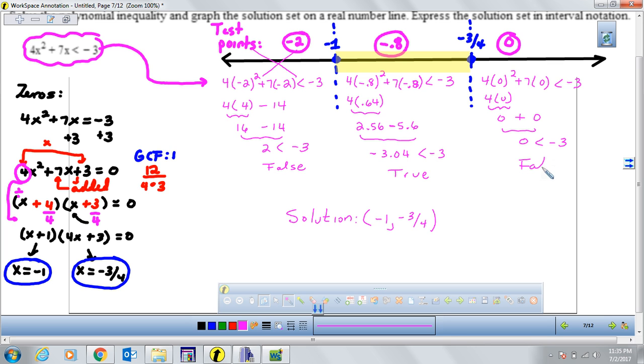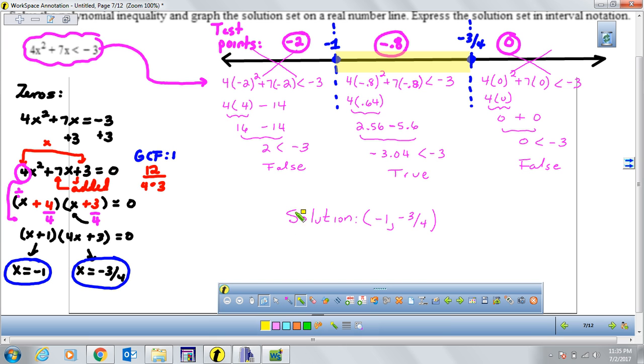No, that is going to be a false statement. What does that mean? That any number greater than negative 3/4, or any number from negative 3/4 to infinity, is also not a solution, because it's going to make that original inequality a false statement. So my only solution for this inequality is going to be any number from negative 1 all the way to negative 3/4 that is going to make it true.